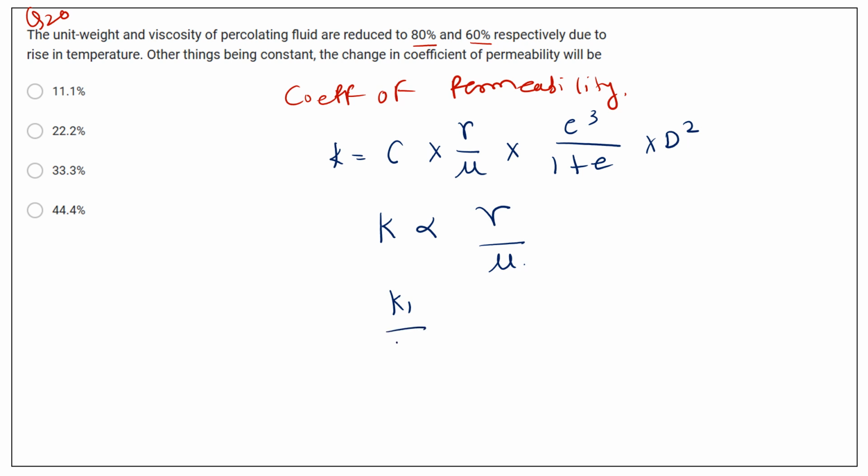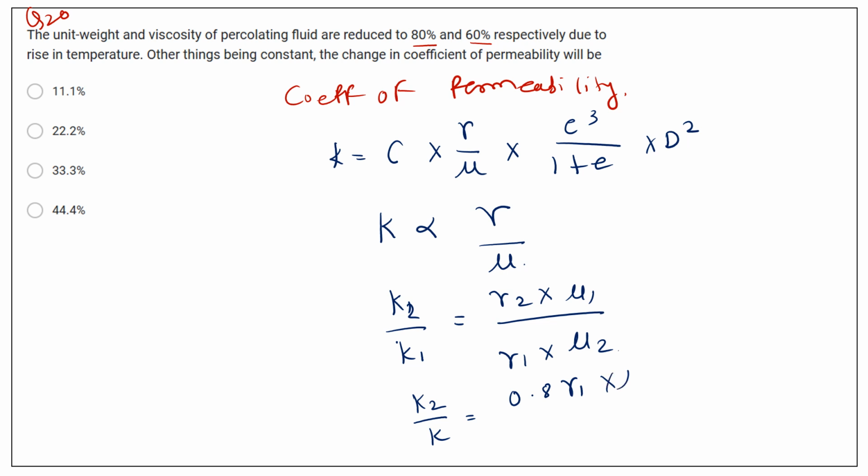So K2 divided by K1 is equal to gamma 2 into mu 1 divided by gamma 1 into mu 2. By putting the given values into this equation, K2 by K1 is equal to 0.8 gamma 1 into mu 1 divided by gamma 1 into 0.6 mu 1, because in the case of the first unit weight and viscosity, these values are reduced to 80% and 60% respectively.